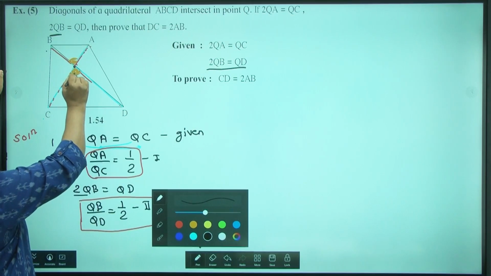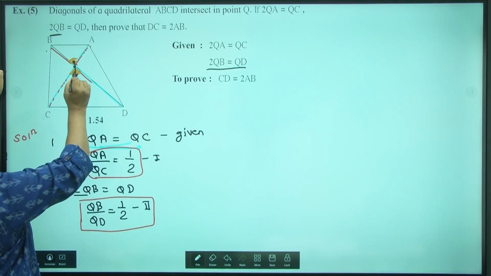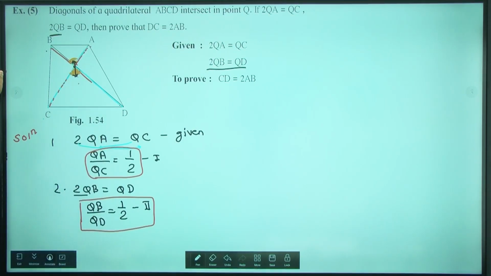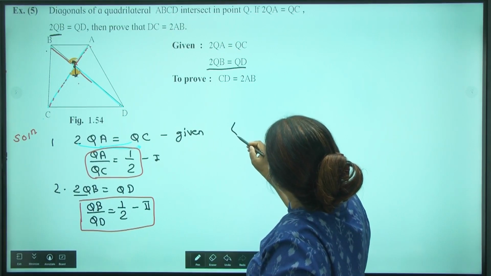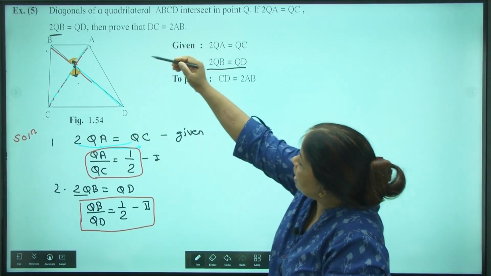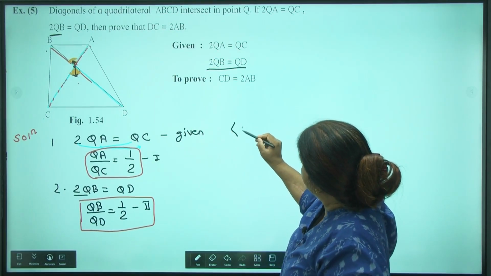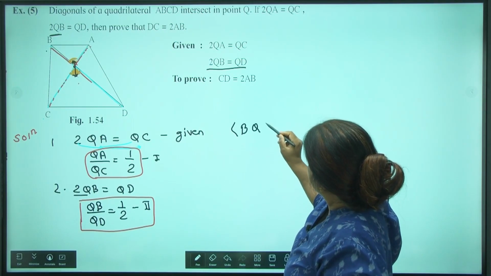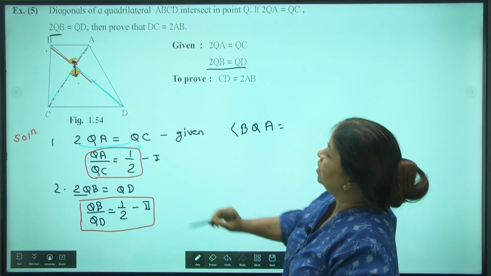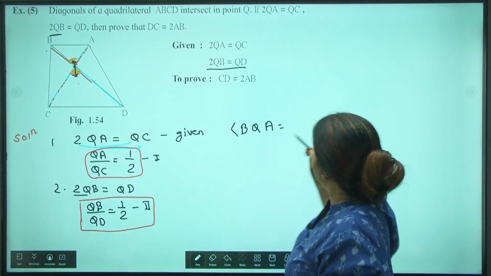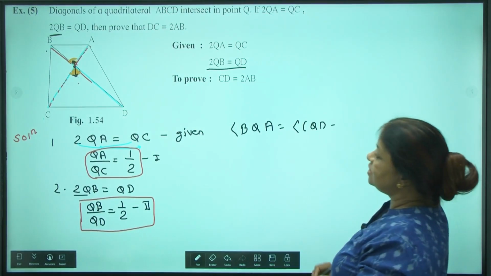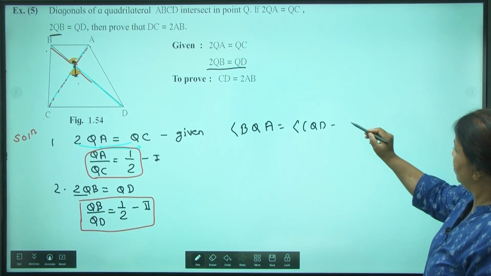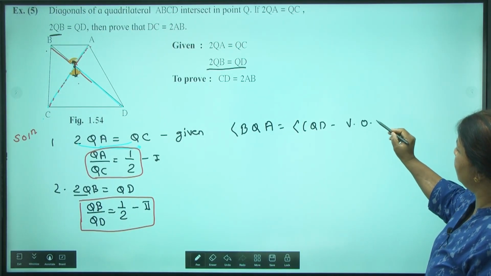Because these are vertically opposite angles. So we can say that angle BQA is equal to angle CQD. And what is the reason? The reason is vertically opposite angles.